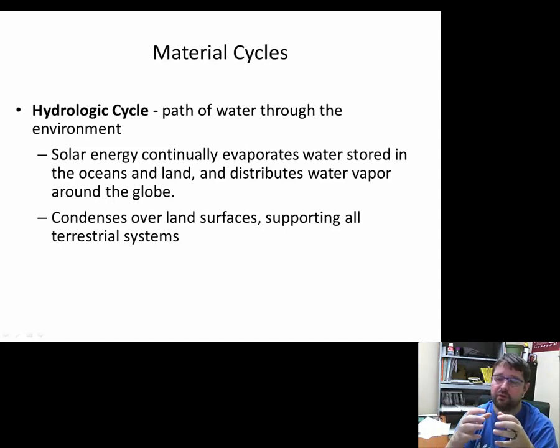Then when it makes it to a heavy enough form, when there are enough water molecules to form a drop, it will fall from the sky in the form of rain or snow, depending on the conditions on the terrestrial landscape. That's how water goes from the ocean back to the terrestrial environment.